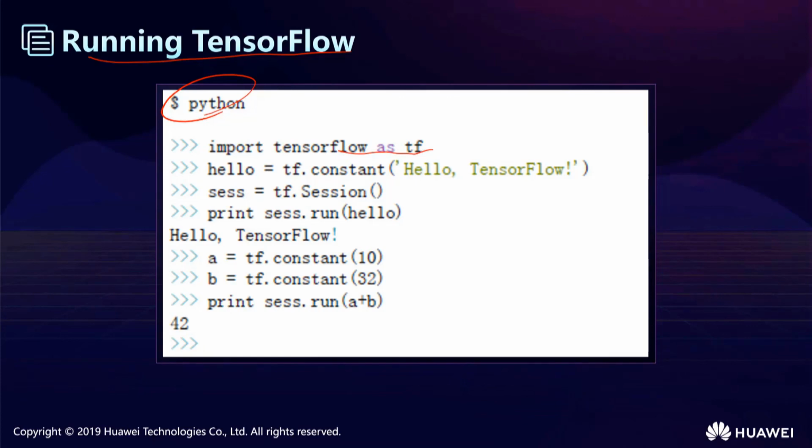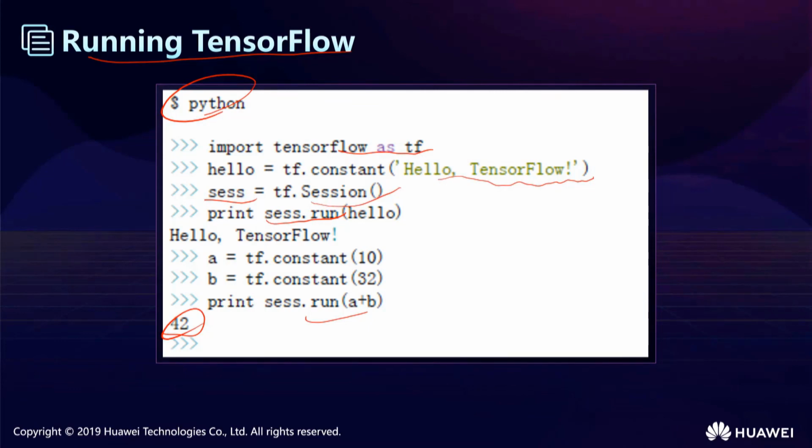Then we define a TensorFlow constant named hello, and define a TensorFlow session named sess, and then we use session.run. Now fetch the value of hello and print it. Finally, we will get the result 42. That's the whole process of running TensorFlow.